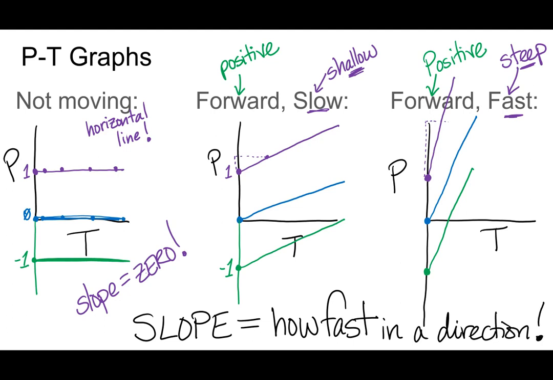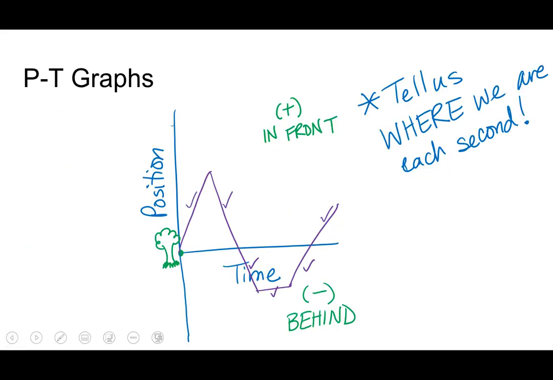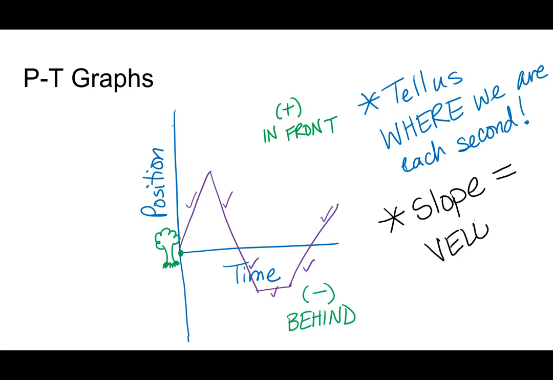How fast in a direction is called velocity. So why don't I add that to my first slide over here. So it tells us where we are each second, and the slope of the line for position time is the velocity.